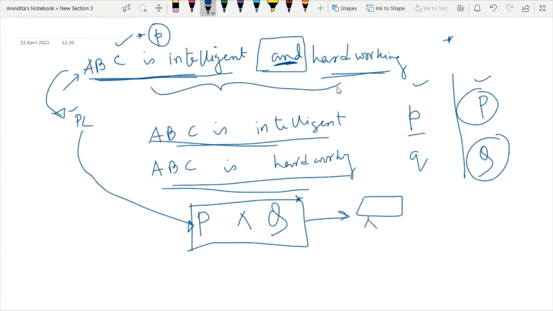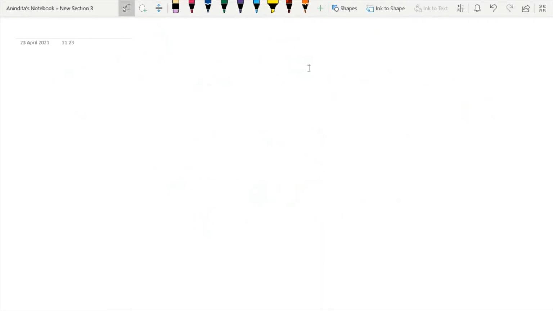Now let's talk about some other representations which are very basic representations of propositional logic. Now we have to write the next sentence, which will act like a disjunction example. Whenever I use and in between two propositional sentences or two atomic formulas, it is known as conjunction. And whenever I use or in between two sentences, it is known as disjunction.